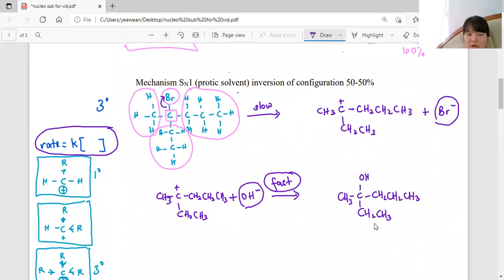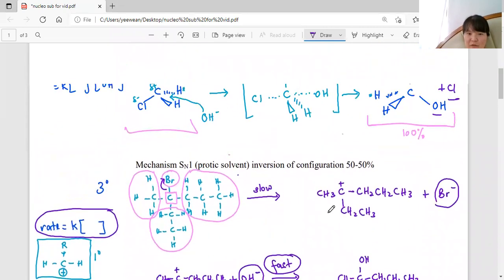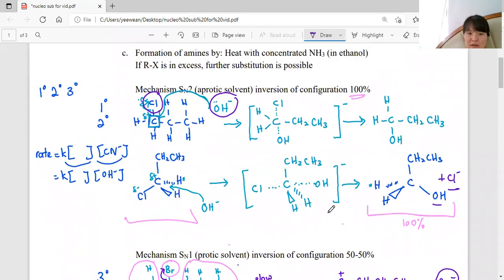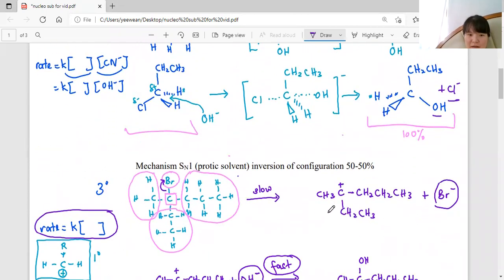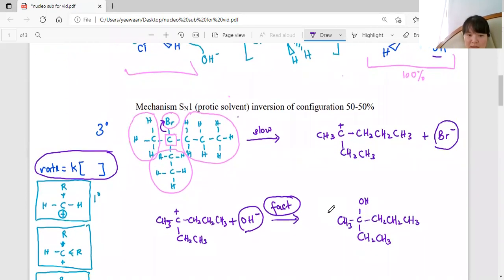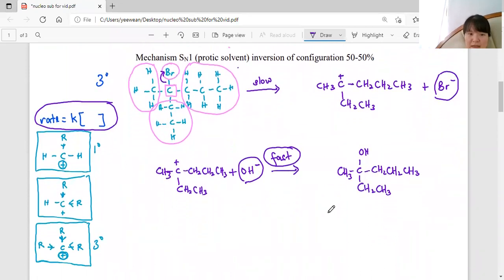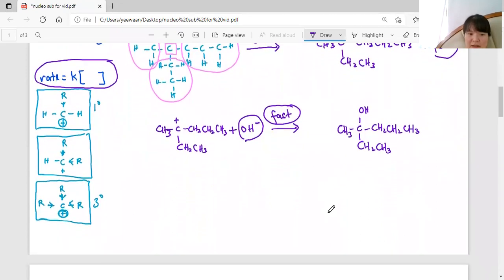So overall, they are the same, but the mechanism is different. So if we were to write an equation, they would look like the same reaction. But if we write the mechanism, we'll see that SN1 and SN2 are not the same thing. SN1 has an intermediate. Okay, let's put it in the tetrahedral way.